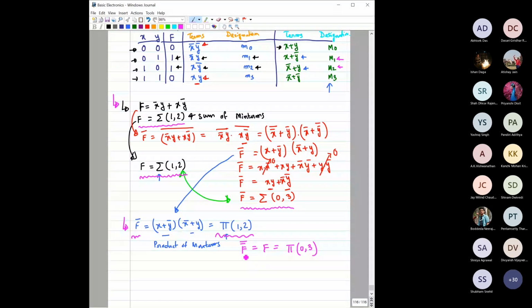That means if you want to write it in terms of this, it would be the 0 term, that is x plus y, and this term, x bar plus y bar.